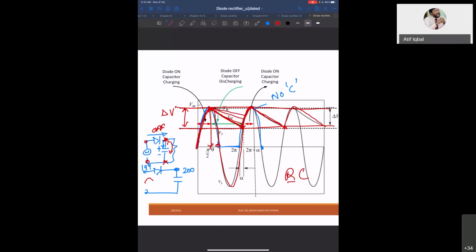So the ripple will be different if your RC constant is different. This is like a triangular shape. So this is how the output voltage will look. This is not perfect DC, but it is close to DC.